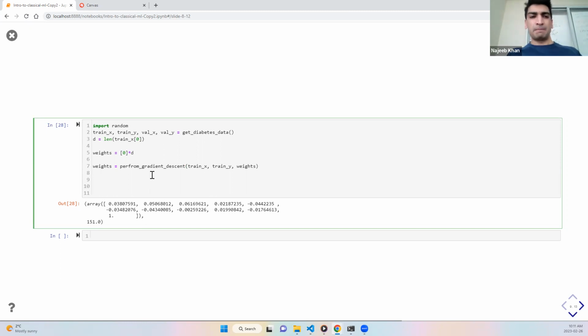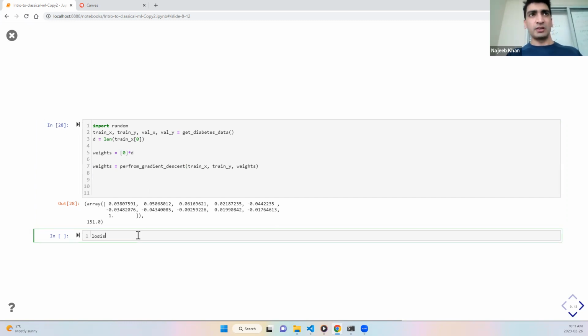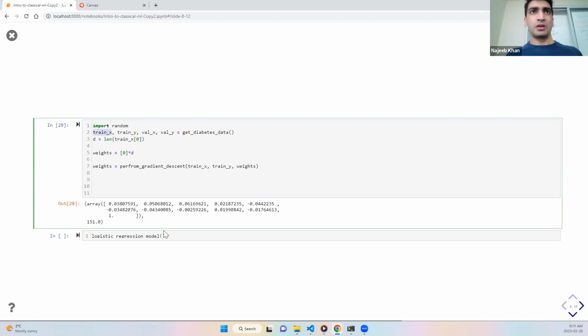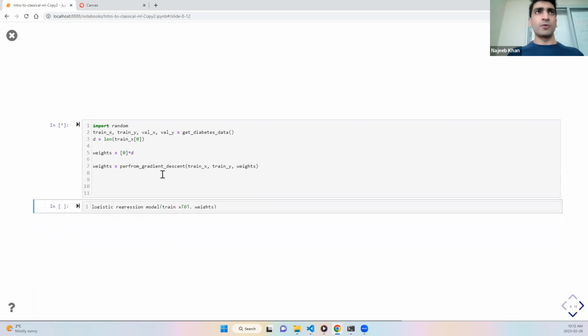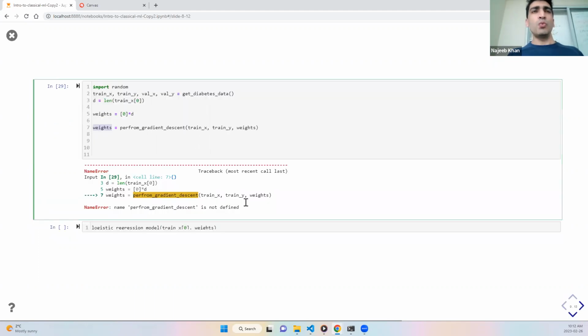Given these weights, we can use the logistic regression model. Remember, the model takes in the input. I'm just providing it with, let's say, the input 0 and the weights.